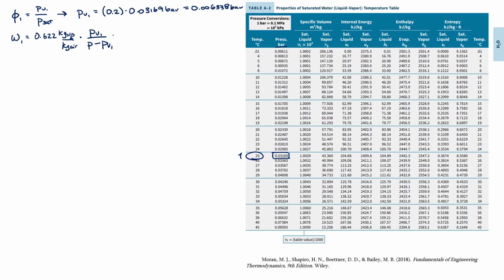And plugging that in down below, I've got 0.622. I'm going to leave out units for space here, times my vapor pressure of 0.006338 bar. Oh, I said I was going to leave out units. Might as well leave out all of them.